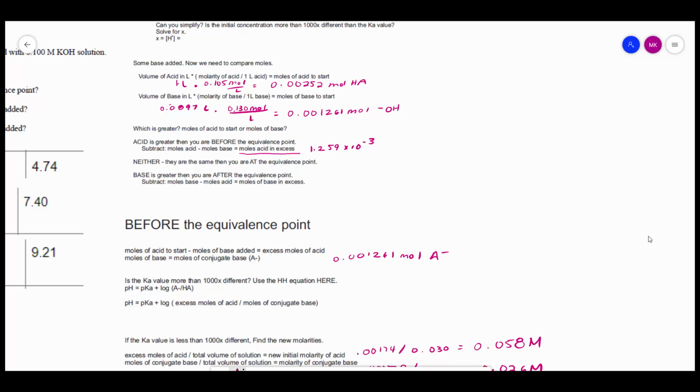So I'm going to use the Henderson-Hasselbalch. So pH is equal to pKa plus the log of the ratio of the A minus, which is 0.001261. And I can use moles in Henderson-Hasselbalch, that's all right, divided by the moles of the excess acid, which is 0.001259, this one here.